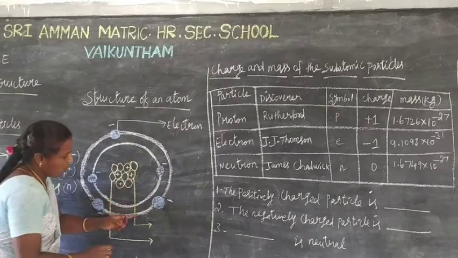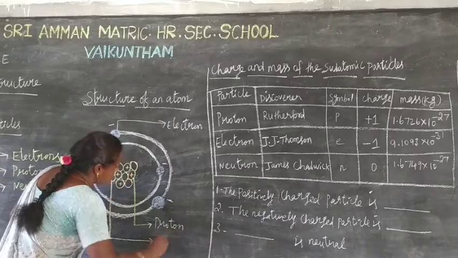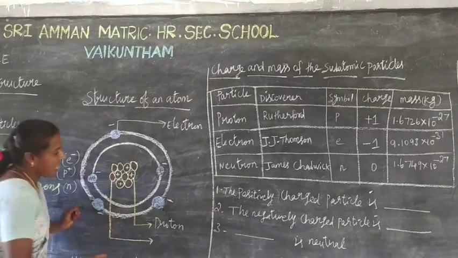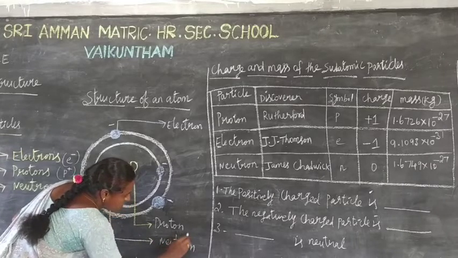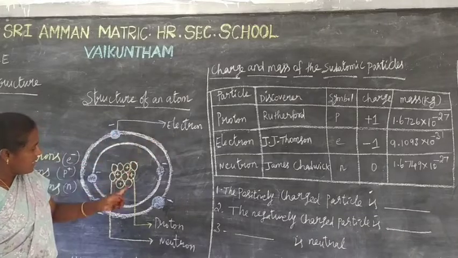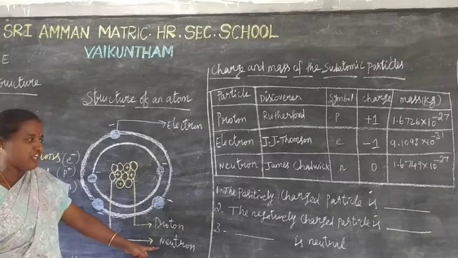This is proton, the positively charged proton. This is the neutral particle present in the nucleus, called neutron.